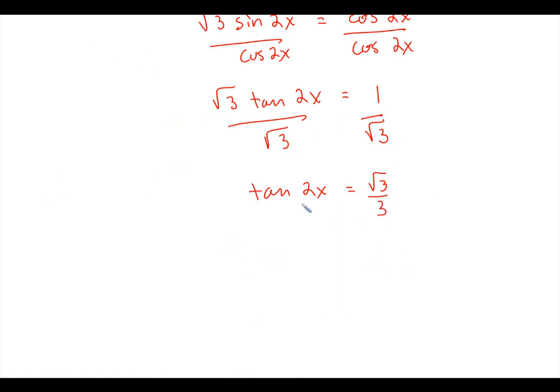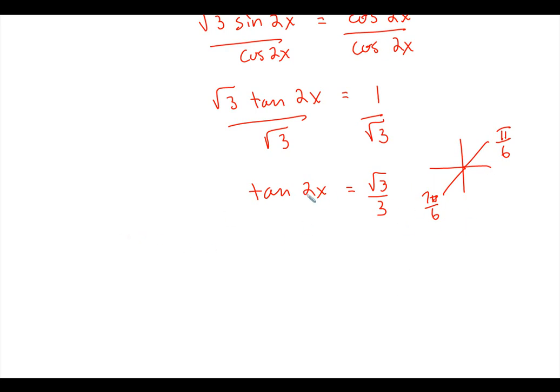So now we need to go back to our unit circle. First of all, where is tangent positive? Tangent is positive in quadrant 1 and quadrant 3. And then also, when is tangent root 3 over 3? Well, that's when we're dividing by 6. So we have pi over 6 and 7 pi over 6 as our angles from the unit circle.